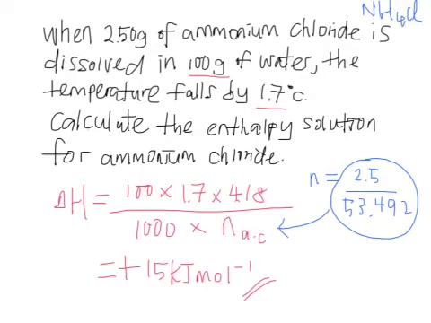Now, just something different here. Occasionally, you probably get a question like this, but what is different is instead of giving you grams of water, they will probably tell you it's 100 ml of water.